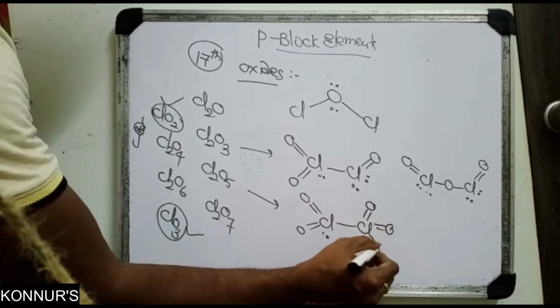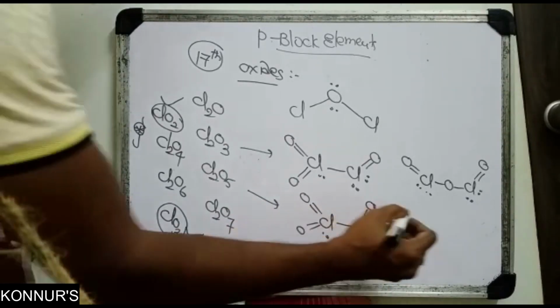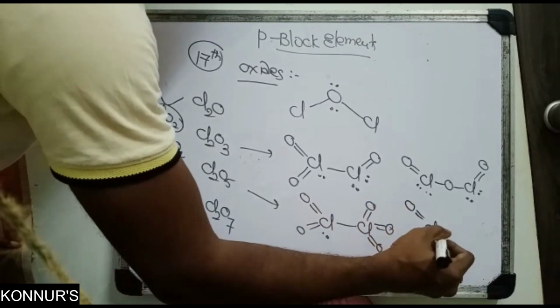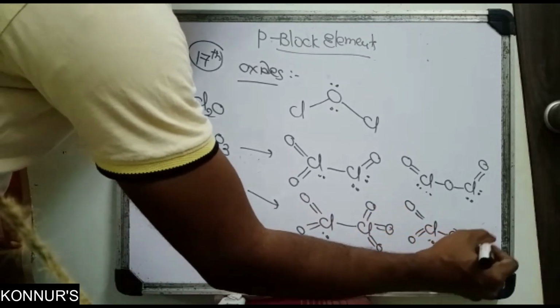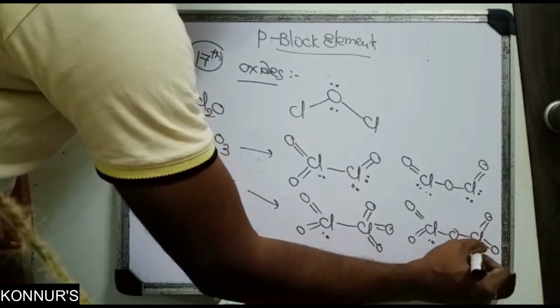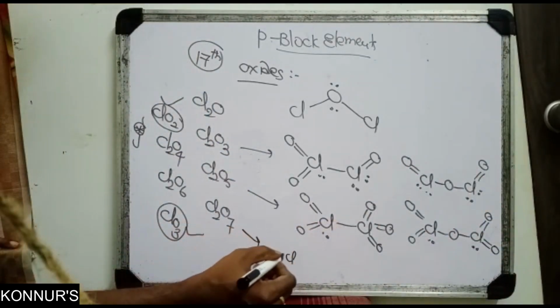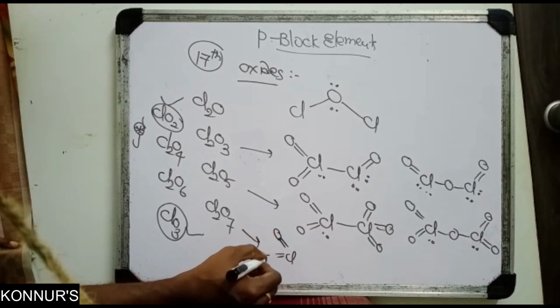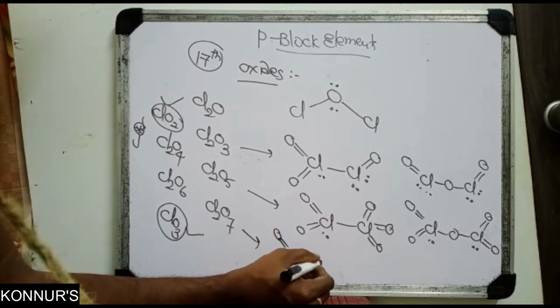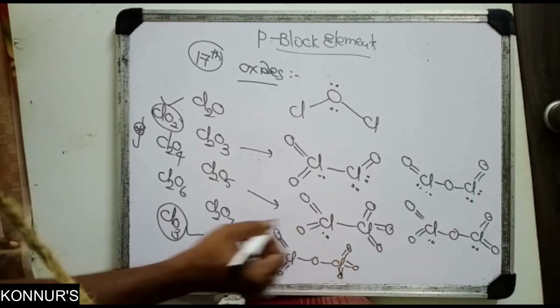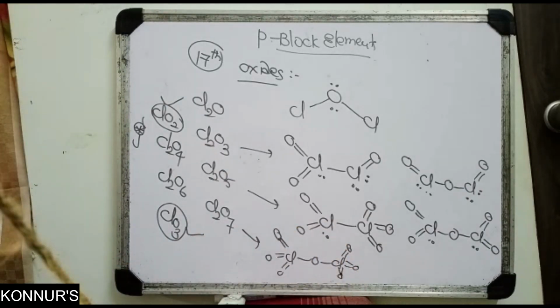So 3 oxygens. This is unsymmetrical. If you want symmetrical, chlorine double bond O, 1 lone pair, single oxygen, chlorine double bond O and lone pair. Next, Cl2O7, chlorine, 3 oxygens, middle 1 oxygen, chlorine. So 3 double bonded oxygens.